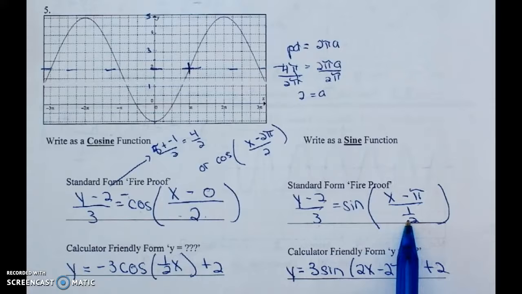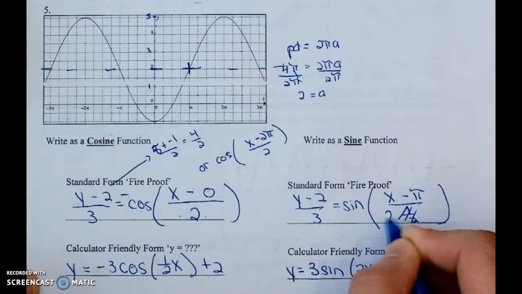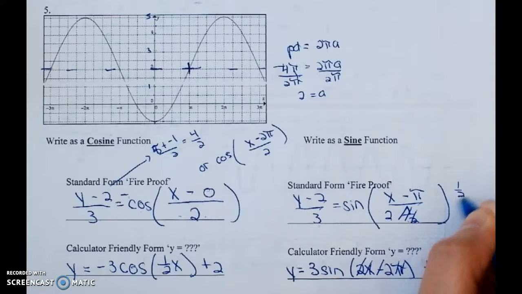Maybe this is where some of you are wondering where I got that from, and that's a good question. This one actually should be 2. So when I go and simplify this, I should have multiplied by 1/2 over 1/2 instead.